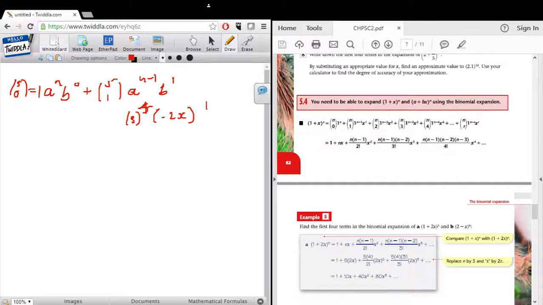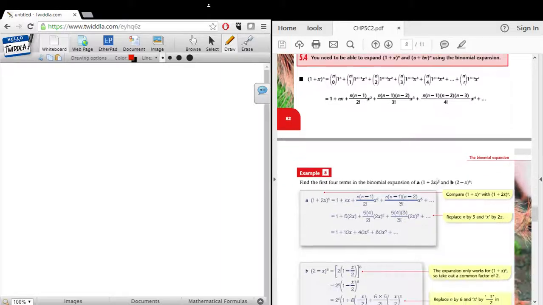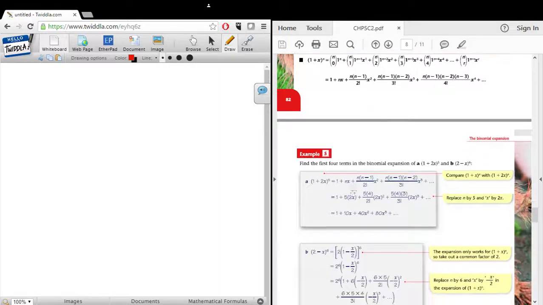Now 5.4 discusses the brackets. You need to be able to expand 1 plus x to the power of n and a plus bx to the power of n using the binomial expansion. So here is essentially this rewritten, and all you need to do now is use your appreciation for factorials, for how to write out the equation, and expand and simplify.